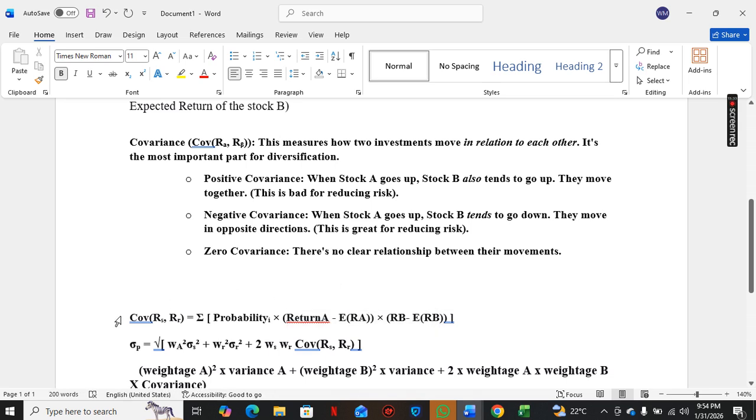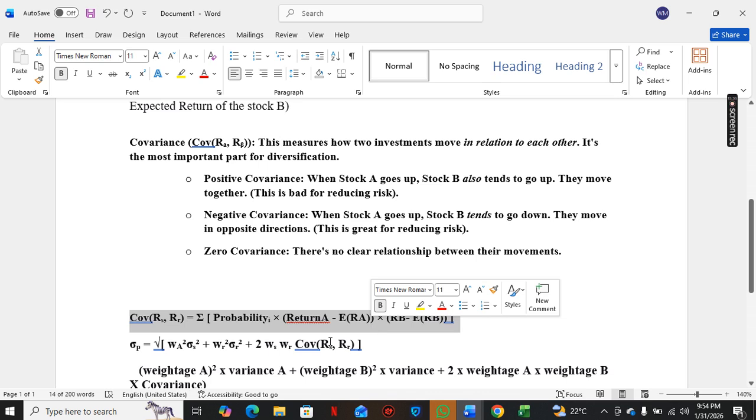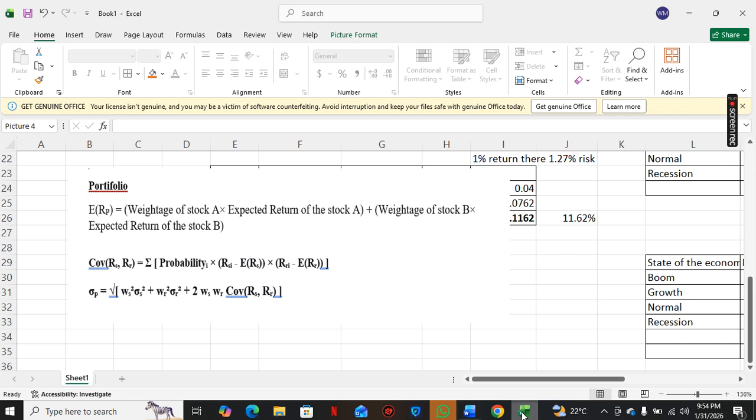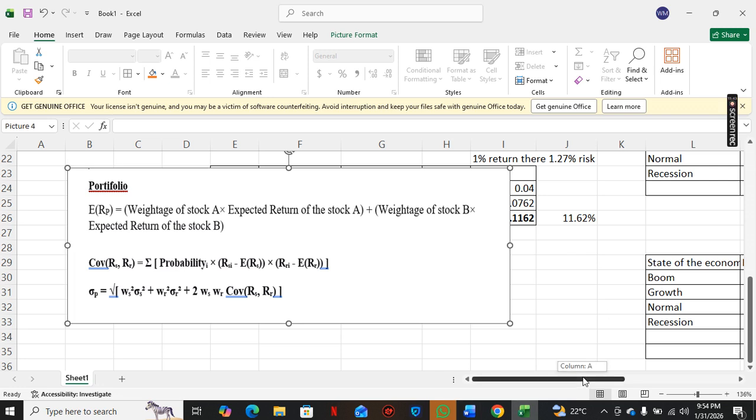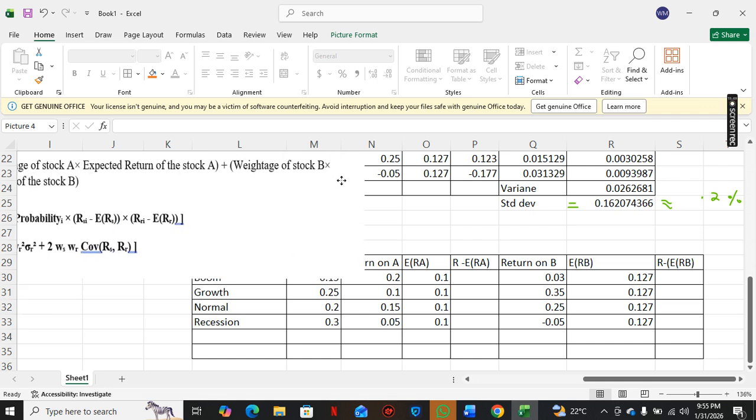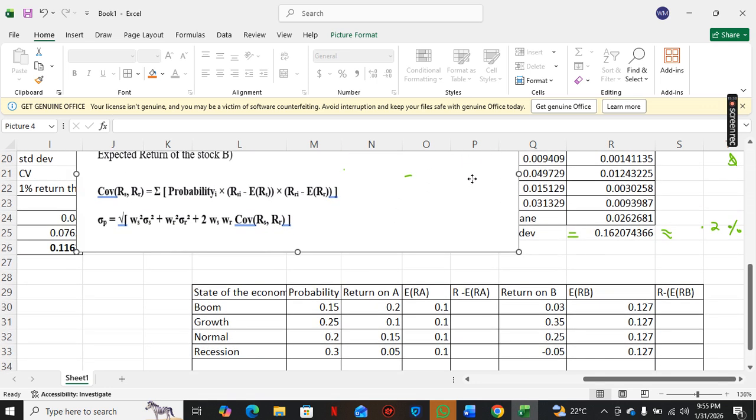So first things first, let's get our covariance so that we deal with the heavy lifting for this formula. For the covariance, this is the table here. As I'm doing my workings, you'll see here.